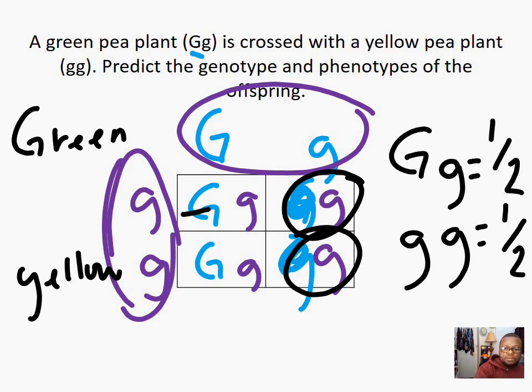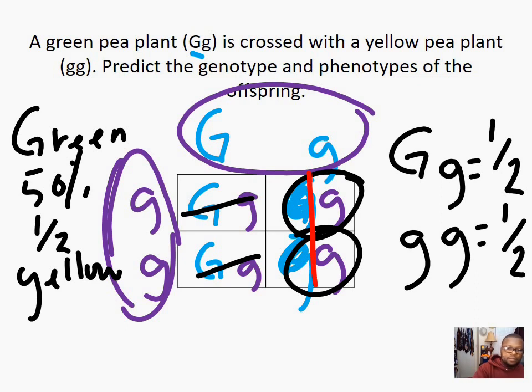So these 2, so that's 50%. Also 1/2. Okay, what is the likelihood to have yellow plants? We have these guys right here. All right, so we have also 50%. Also 1/2. Simple.